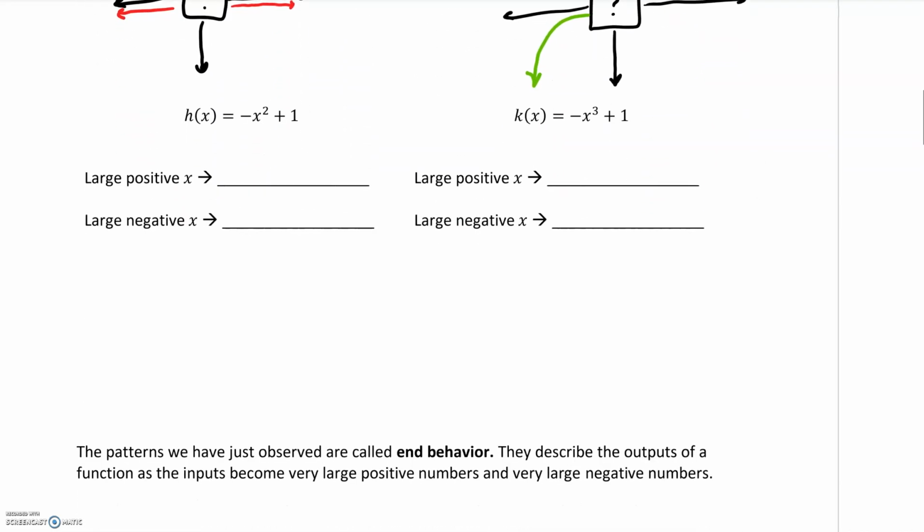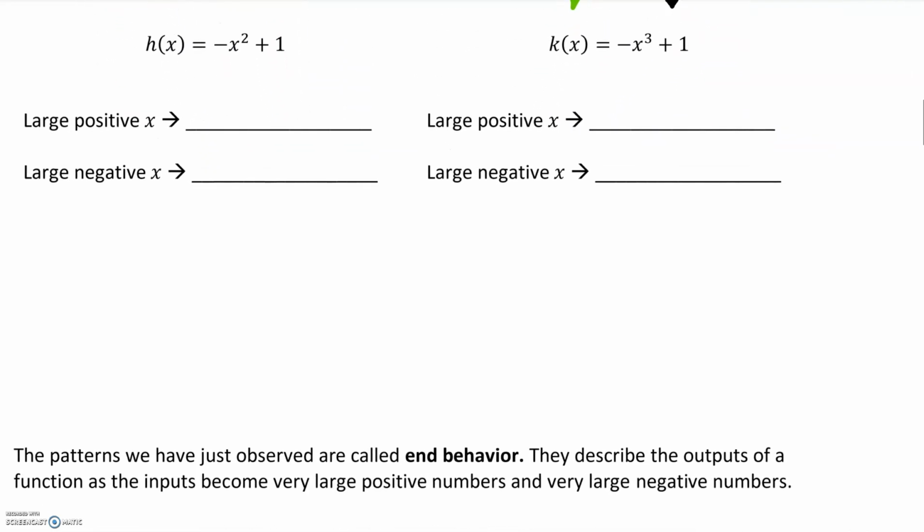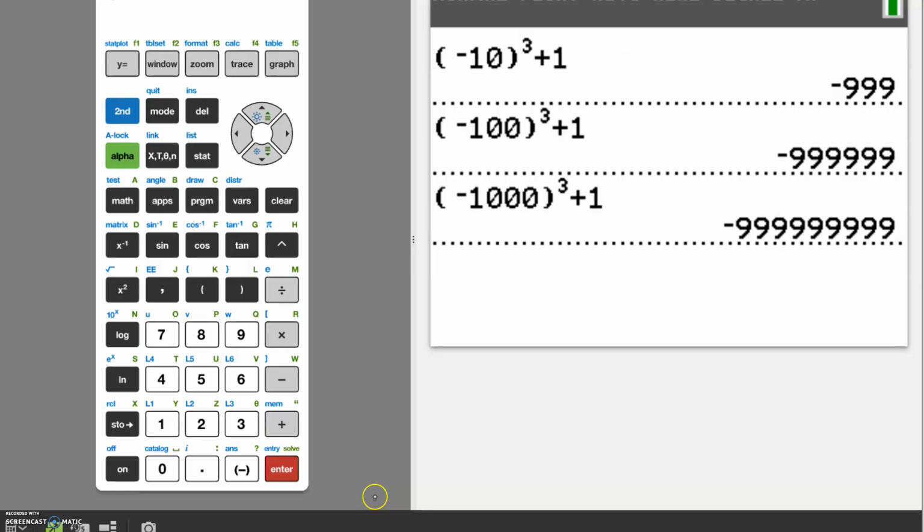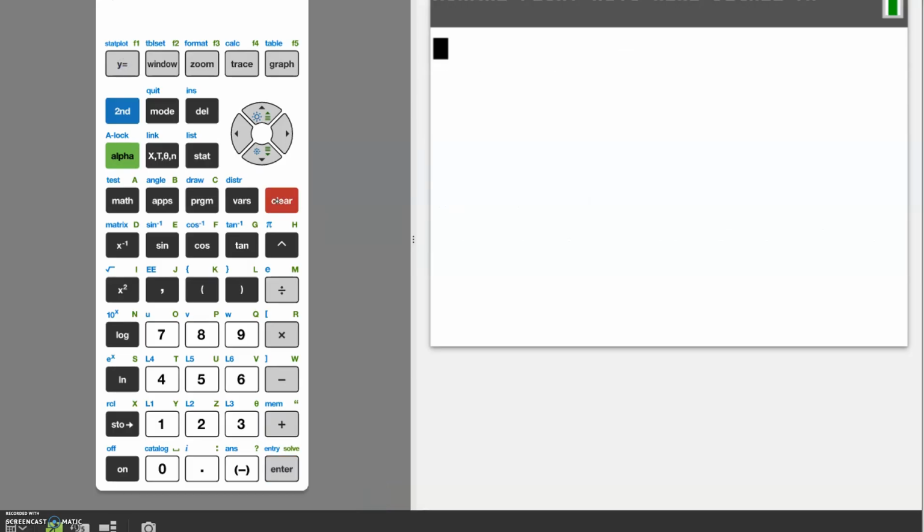to these two functions. Look, the only difference here is we have negative leading coefficients now. So as I put in large positive values for h of x, go to my calculator, it's negative 10 squared plus 1. Notice how I wrote that.